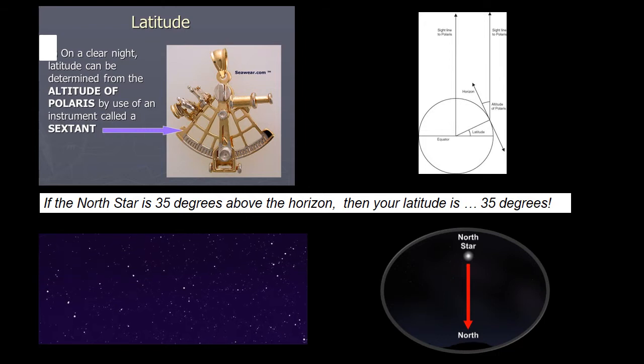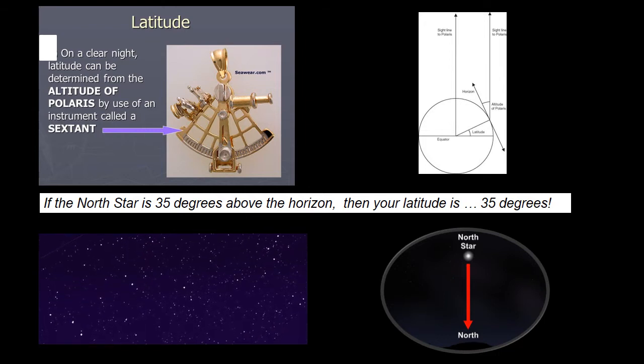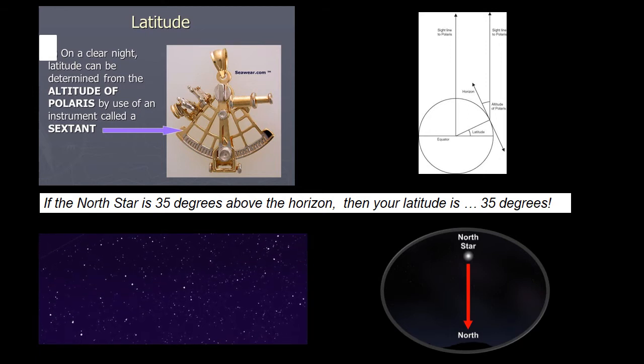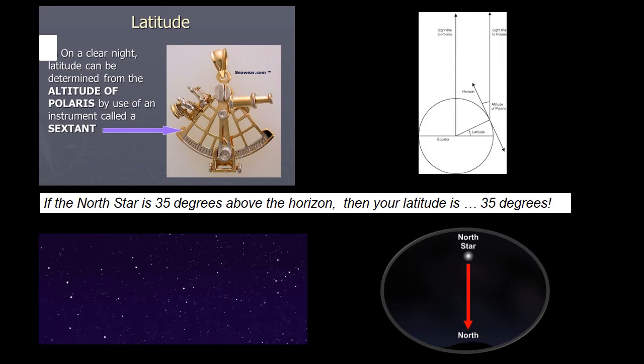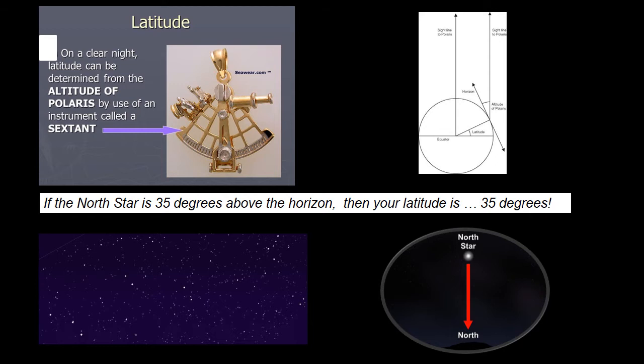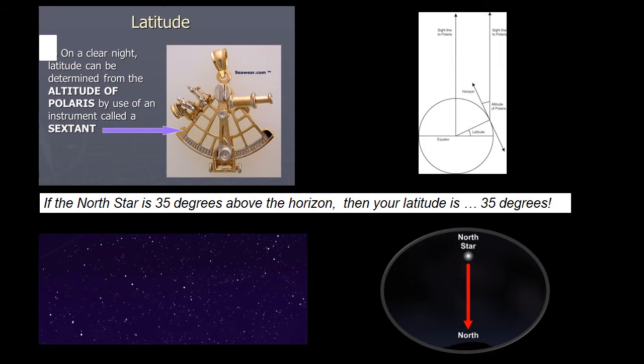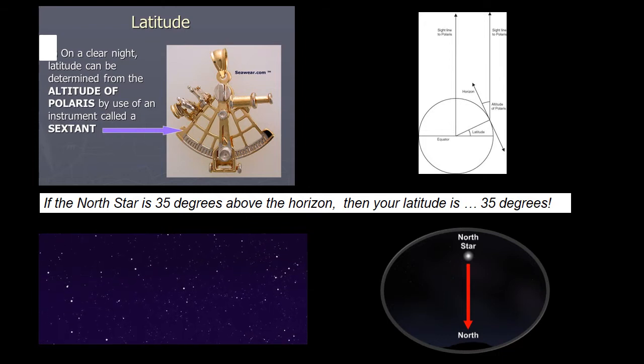Or if the North Star was 55 degrees above the horizon, 55 degrees north. So it was always easy, even the ancients knew where they were in latitude. At my house, I could look down my driveway, and the North Star is 35 degrees above the horizon there. So I know I'm located at 35 degrees north.